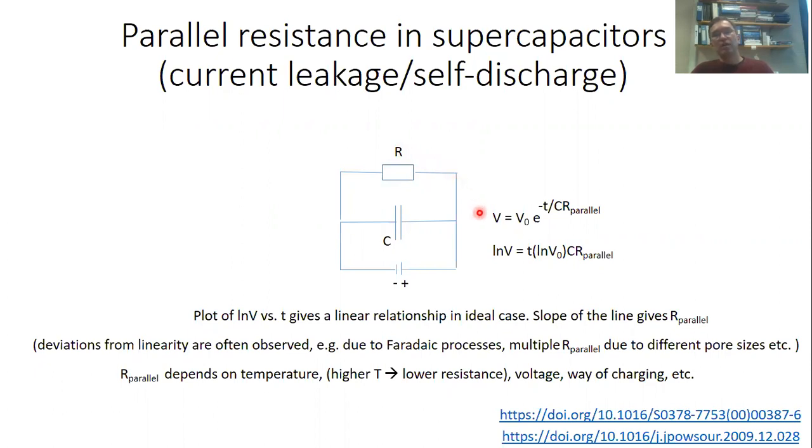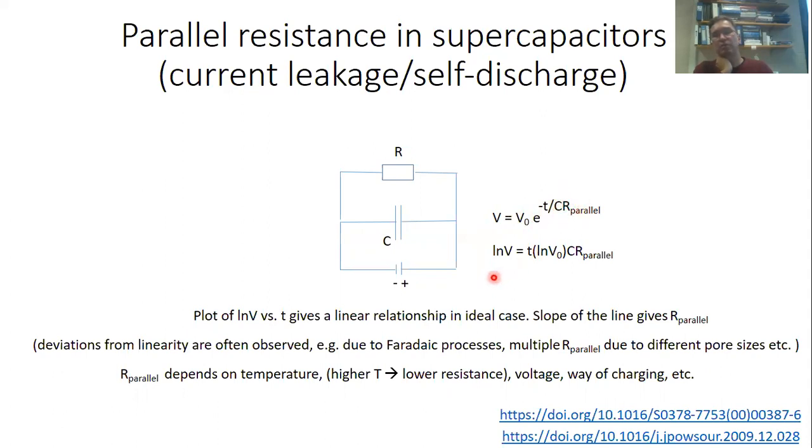The current leakage within a supercapacitor occurs according to an exponential term, which is given here. The voltage is equal to the initial voltage at full charge times e to the power of minus t over the capacitance times the parallel resistance.